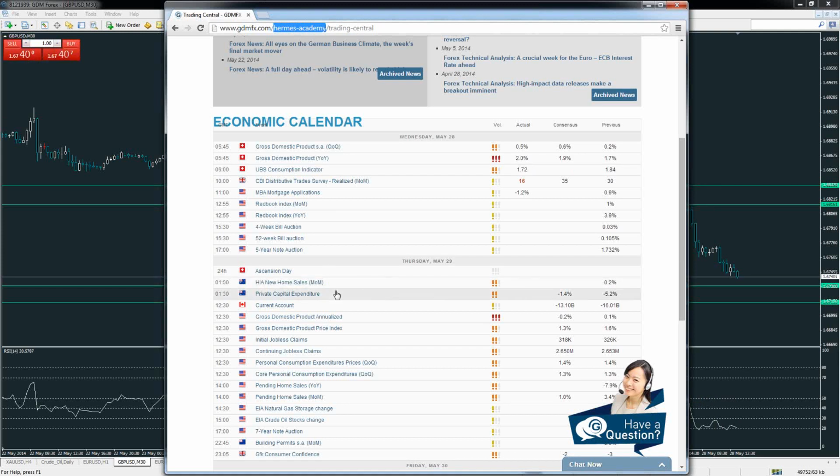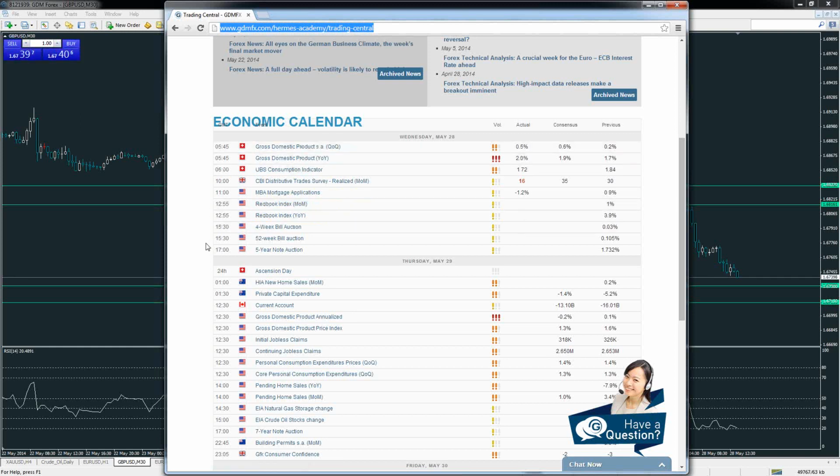And where exactly is the calendar itself, you can either write down the path that you can see on your screen, or you can find it at gdmfx.com/Hermes-academy/trading-central.